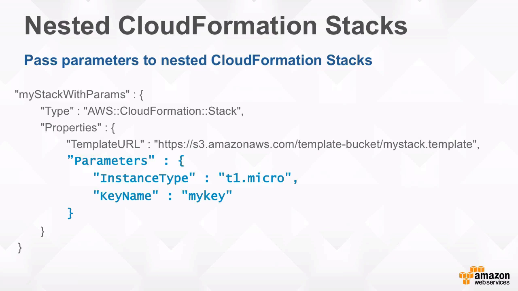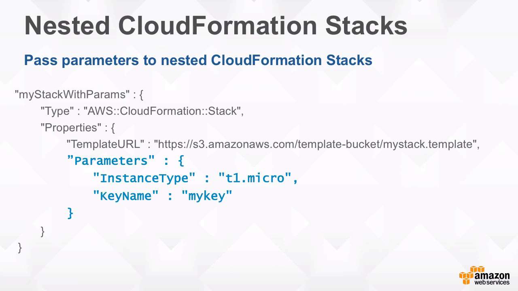A very nice feature of CloudFormation, and something that many beginners don't really look at first, but becomes very useful down the line as your templates start to grow, is nesting CloudFormation stacks. And this is a best practice we'd like you to get into early. So this is the ability to nest multiple stacks inside a parent stack.